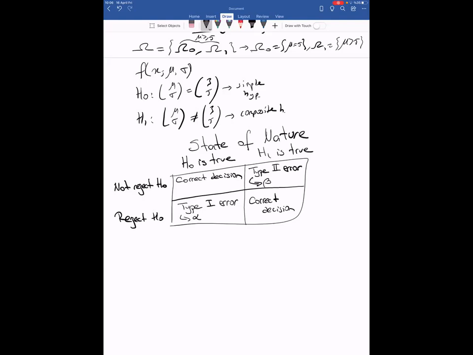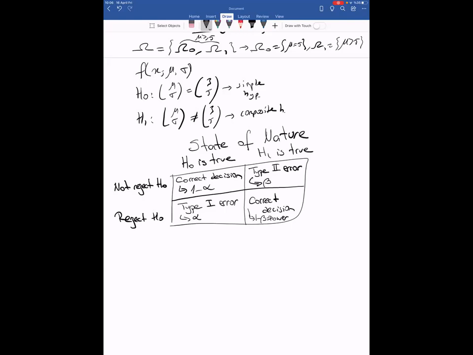The probability of the correct decision under the null is 1 minus alpha. And the probability of the correct decision when H1 is true is 1 minus beta, which is also known as the power of the test. So we have a general power definition here.